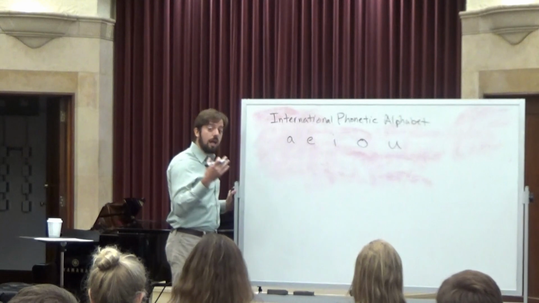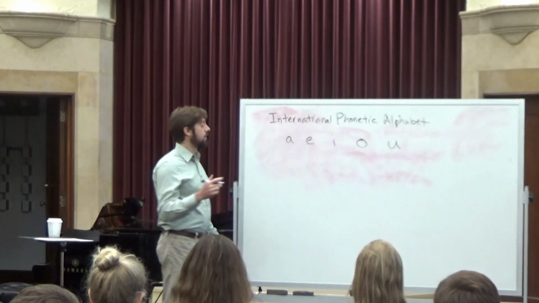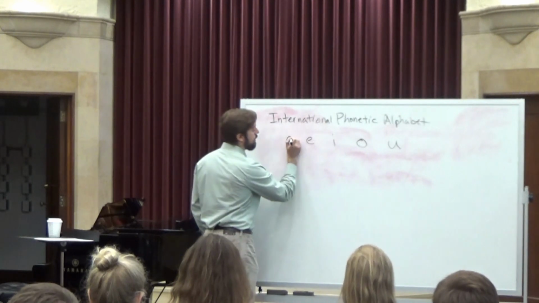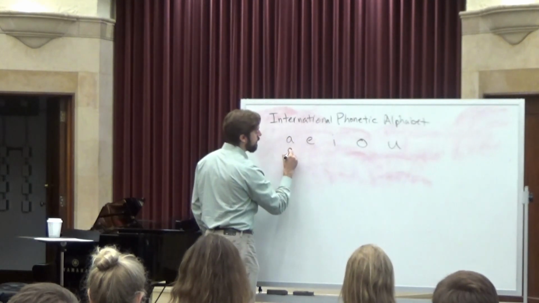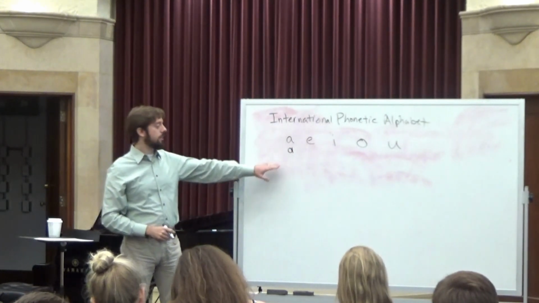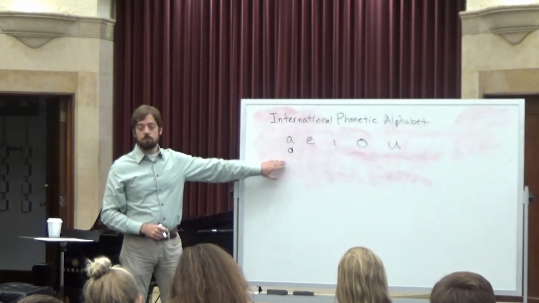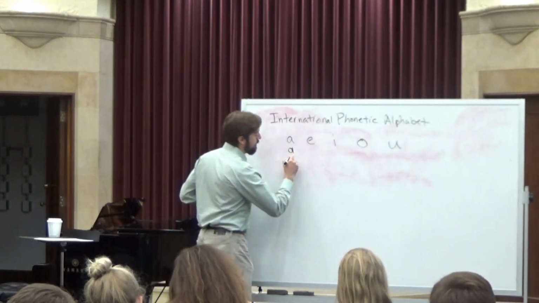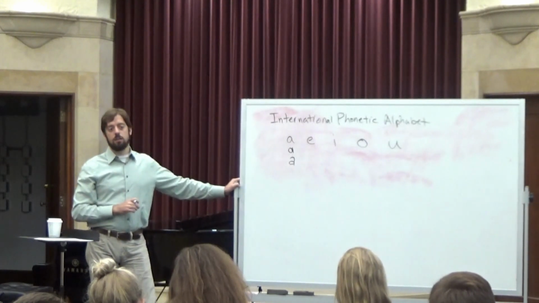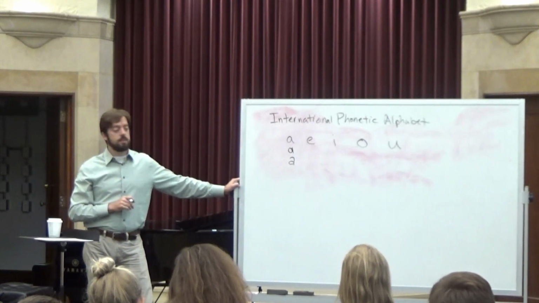The two main ones that I find it useful to write are the dark A, which in IPA is the script lowercase a, which you might write more clearly like this so that you become aware that what you're saying is dark A, and the bright A, which in IPA is written like a typewriter lowercase a.